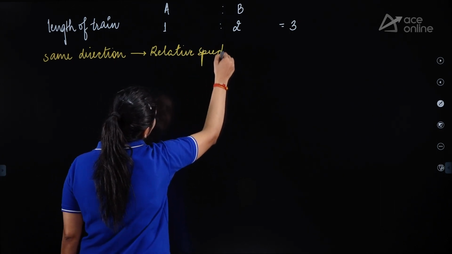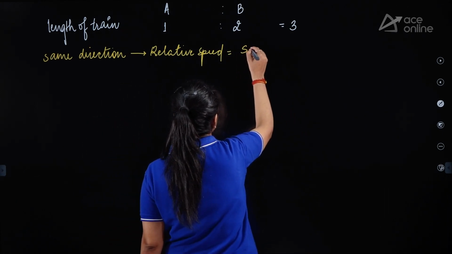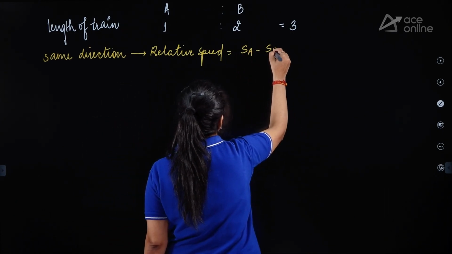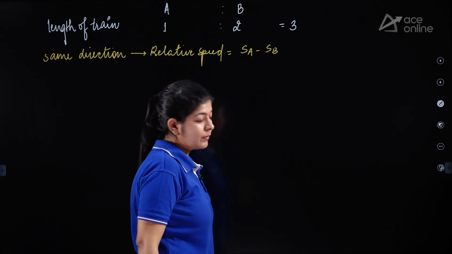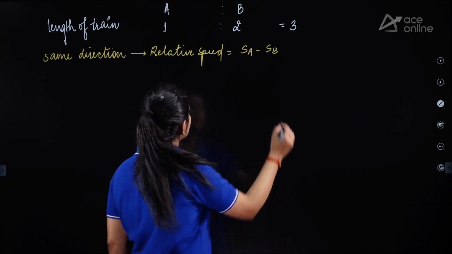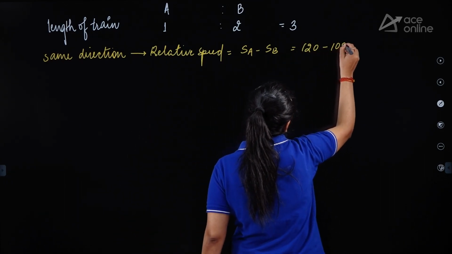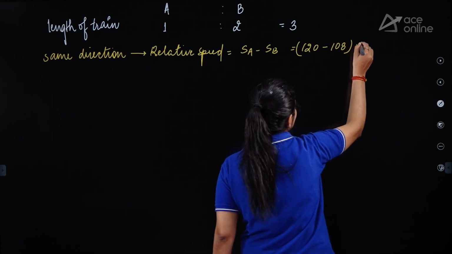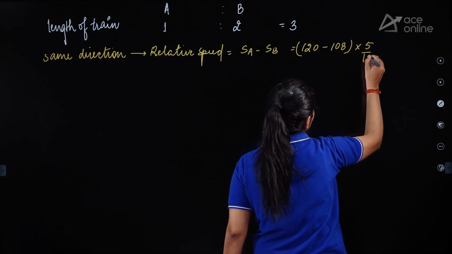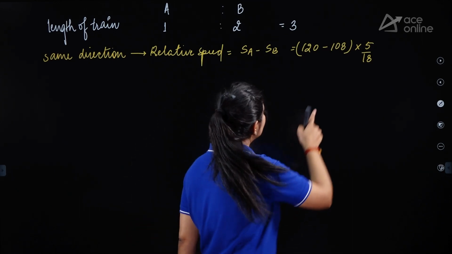Whenever we have the same direction, the relative speed is speed of A minus speed of B. And we can also do one thing. If you don't want to do all these calculations, just simply write down the values: 120 minus 108. Now simply multiply it by 5 by 18 to calculate your relative speed in meters per second.